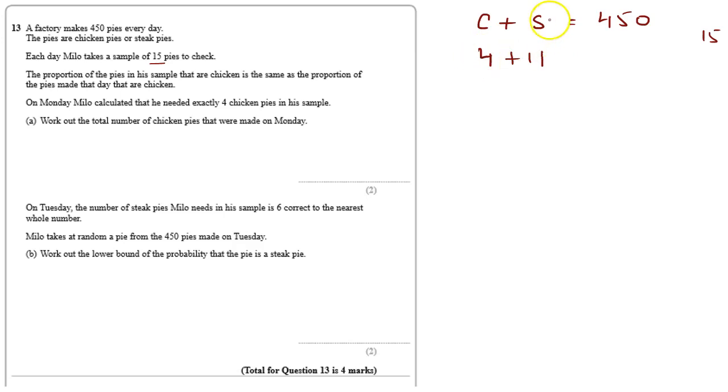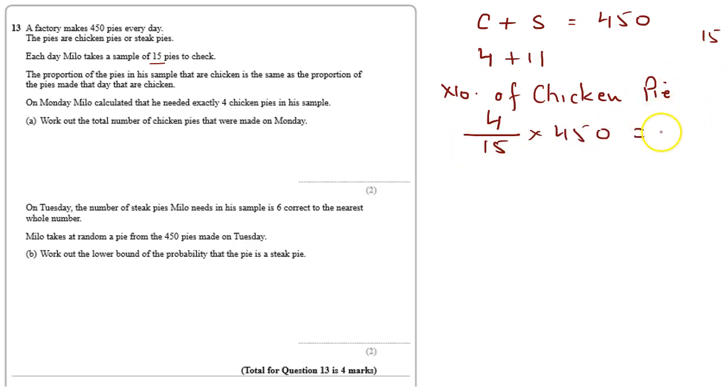If he has 4 chicken pie, then he must have a steak 15, 11 to make it 15. So it means the number of chicken pies will be 4 out of total 15, multiply 450.